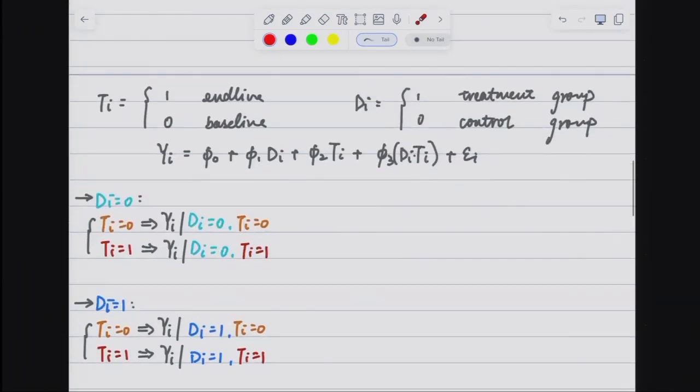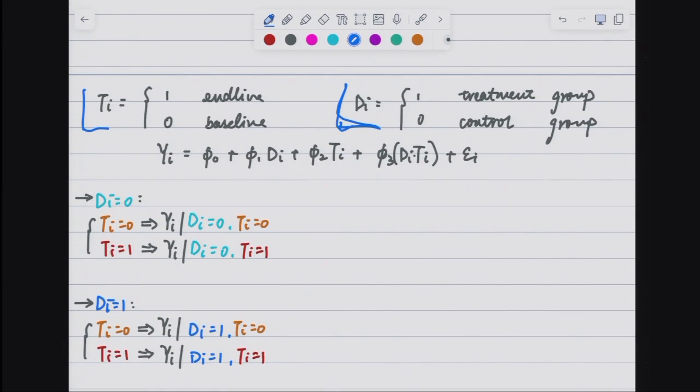Then, given that we have 2 dummies, as we recall from topic 2, dummy variables split our sample into subgroups.